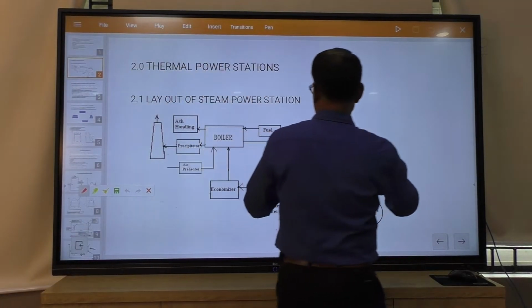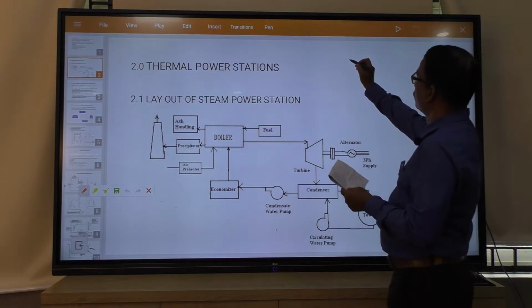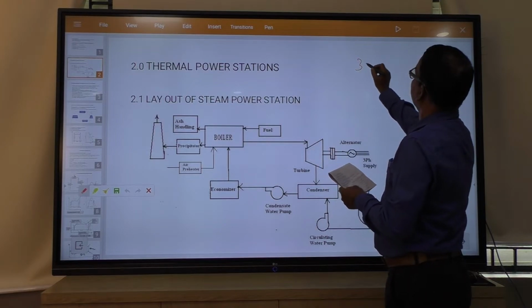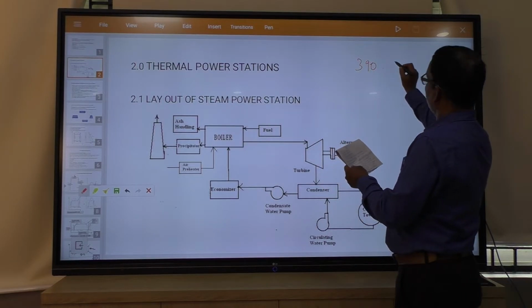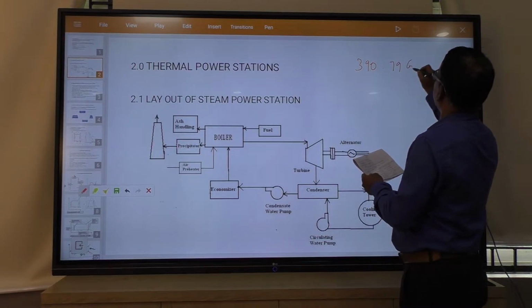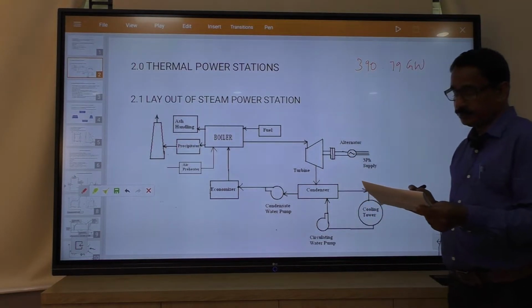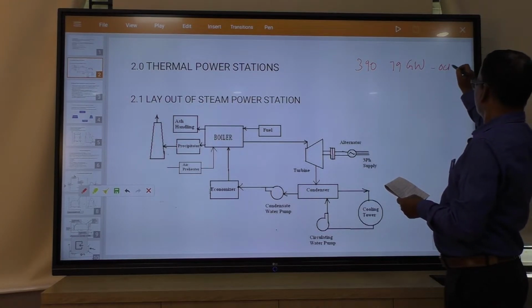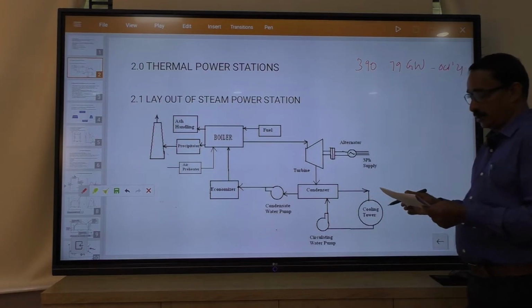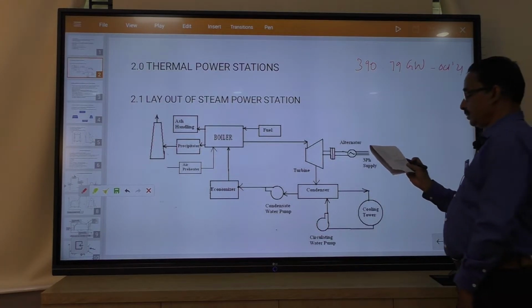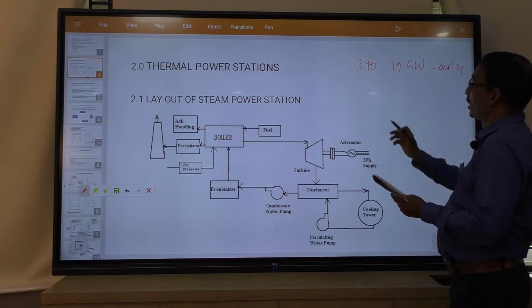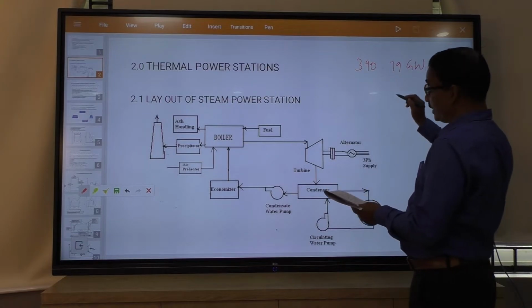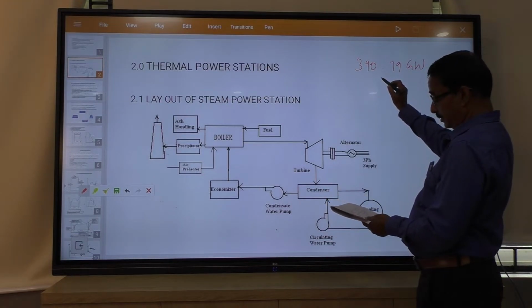In India, our total production of electricity is 390.79 gigawatt, up to recent data of October 21. So, this is the total installed power capacity of our country.